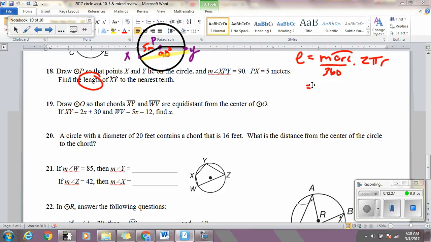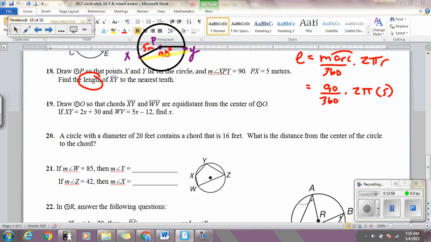So the measure of arc XY is 90 degrees because it's the same as central angle XPY. And then the radius of our circle is PX, which is 5.